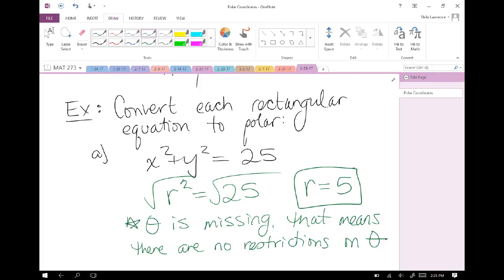If you have your calculator with you, in the past, it's been very hard to graph circles on your calculator unless you use the draw function. You would have to put in positive square root of 25 minus x squared and negative square root of 25 minus x squared into y1 and y2. From polar mode, you can just put in r equals 5 and draw a circle.